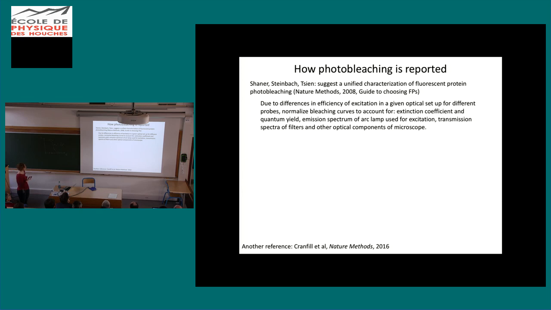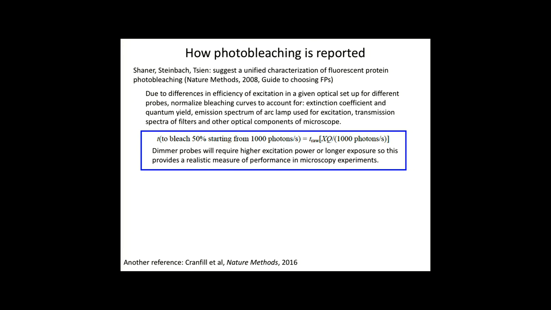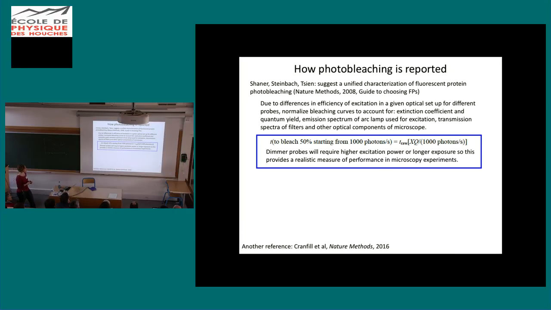And what they acknowledge is that due to differences in the efficiency of excitation for any given optical setup, the photobleaching curve should be normalized to account for how well you absorb a photon and how well you emit a photon, how well your emission spectrum overlaps with your excitation source, the transmission spectra of the filters, so what are your filters actually filtering out, and then other optical components of the microscope.